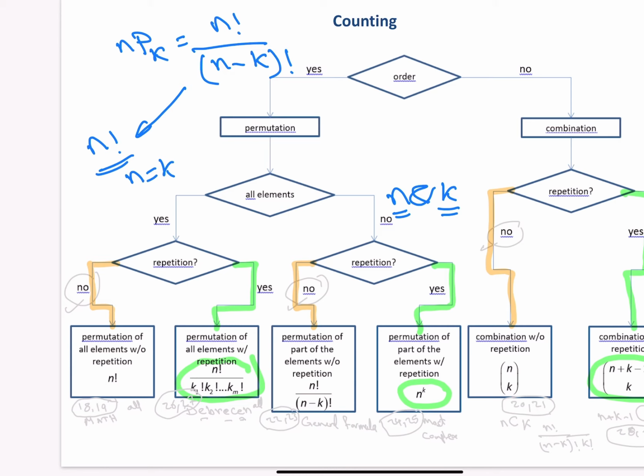And the example we gave for Mississippi: how many I's, how many P's, how many S's are there. You remember these examples? So here, repetition means whether any of the letters are repeated or not. Here I'm talking about all the elements, yes, so it will be n factorial. But sometimes all the letters will be used, like the word MATH.